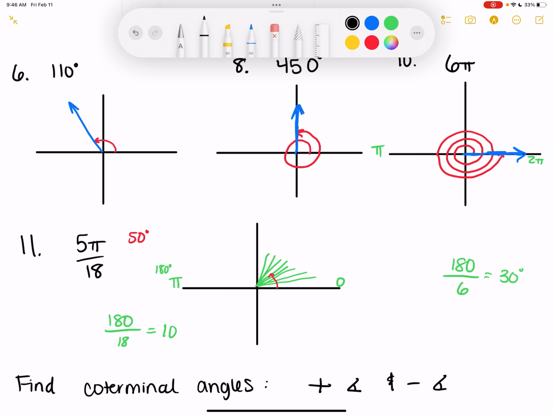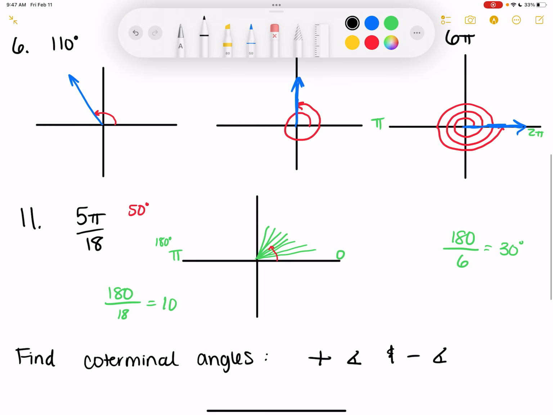I want the first one. I'm looking for the one that's closest to the value you're given. So don't do it 3 times and say, oh, this one's coterminal with it. First of all, why would you do extra math that you don't have to do? And second, you don't need to do that.